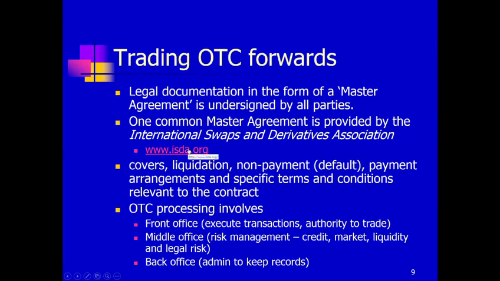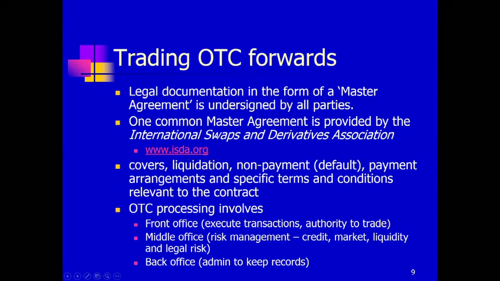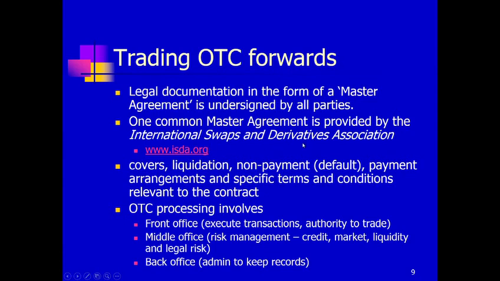You can download the ISDA master agreement from the website, and literally if you fill it in with another person and you sign it, then you have a forward contract. And that is legally binding in a lot of countries. So here in Australia for sure. There's about 3 or 4 master agreements from different associations that you can use. But once it's signed, it becomes a legal contract.